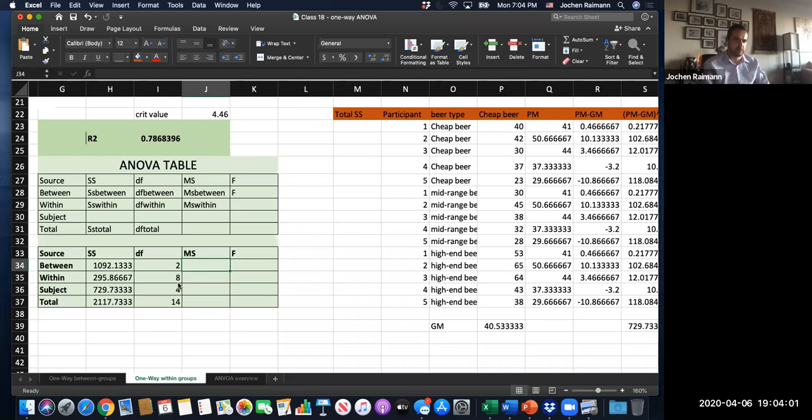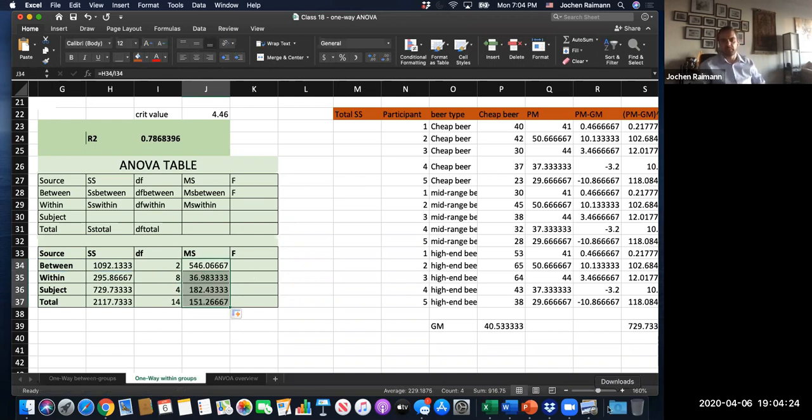So now it's also easy to get the mean squares, because the mean squares is nothing else but the sum of squares divided by the degrees of freedom. That's your mean squares.